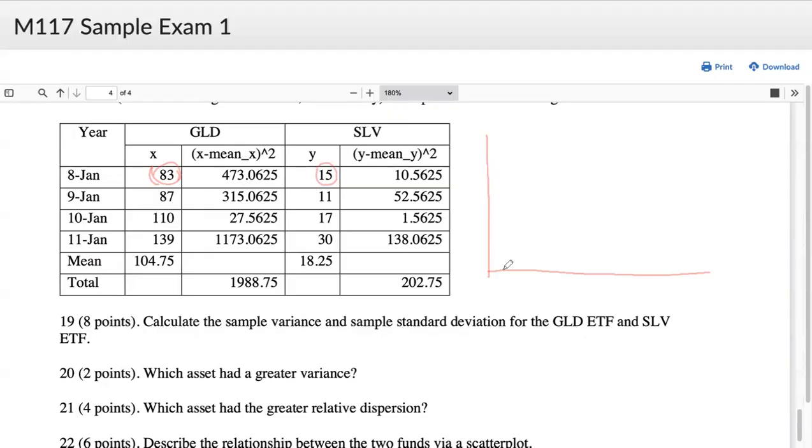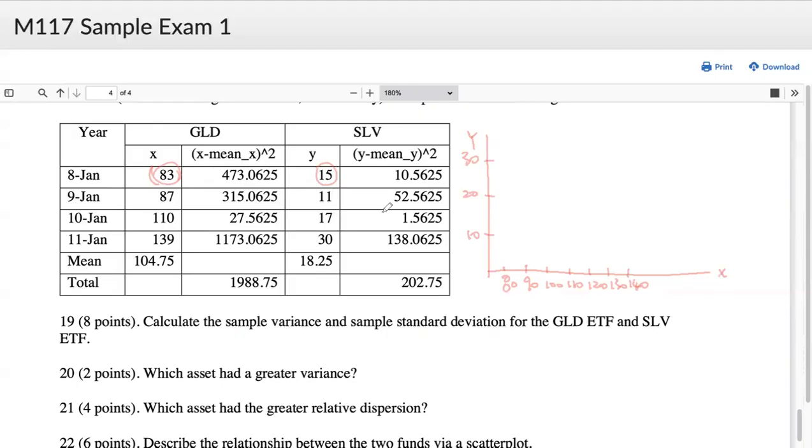So maybe we start with 80, because of 140, right? We could go 90, 100, 110, 120, 130, 140. Those will be our x. And for silver, 15, 11, so 11 up to 30. Maybe we'll do 10. This is 10, this is 20, this is 30.